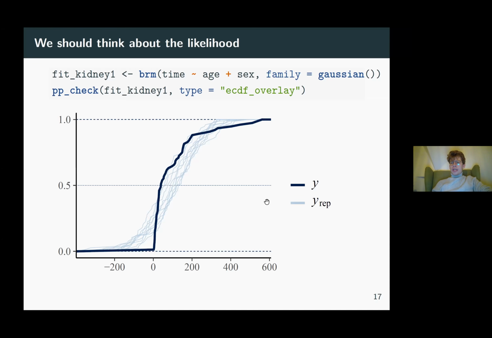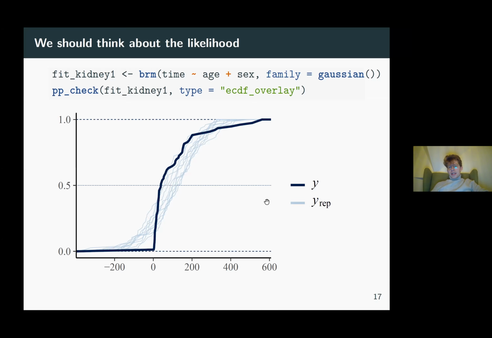But let's suppose we ignore that fact and predict time using age and sex, using family Gaussian, that is using a Gaussian or normal likelihood. We then fit the model and then evaluate the fit of the model to the data. And one way we could do that is to use so-called posterior predictive checks, or short PP checks.